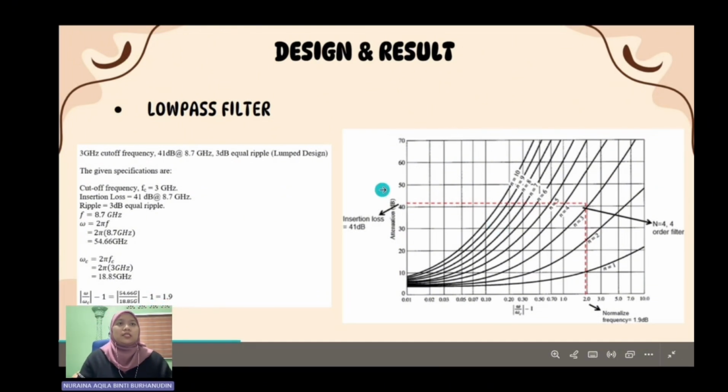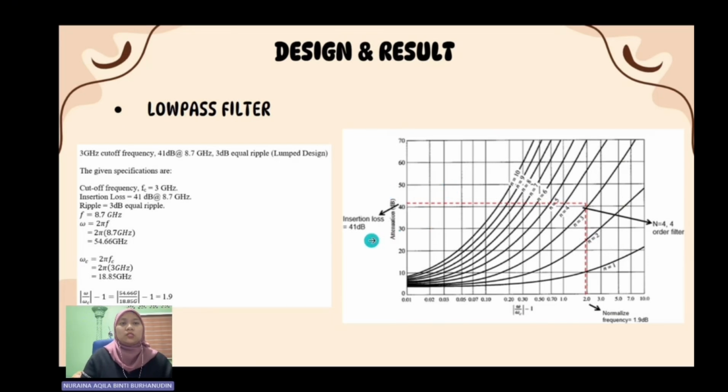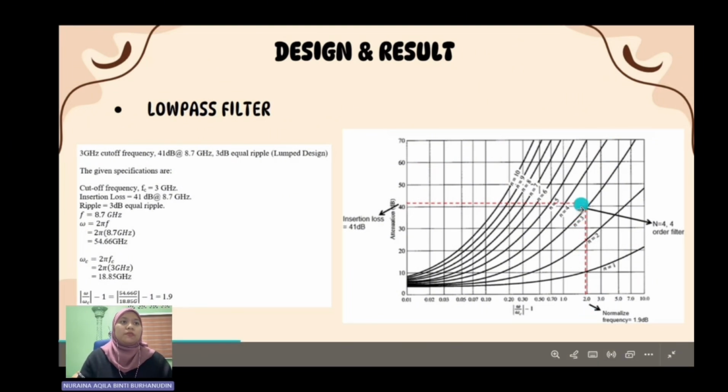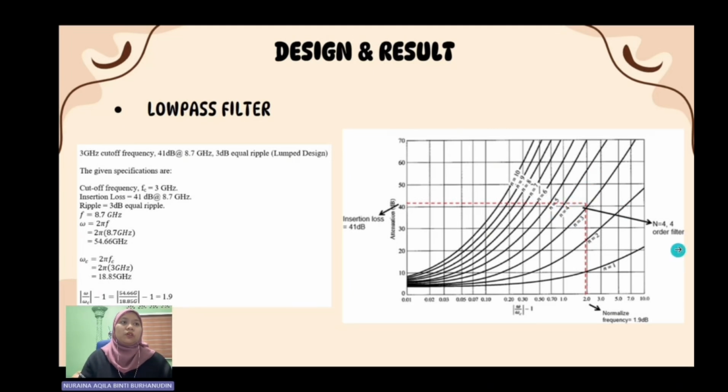As you can see from the graph, the insertion loss is 41 dB here, and with the normalized frequency of 1.9, which is here, we can get n equal to 4, which is a fourth order filter.